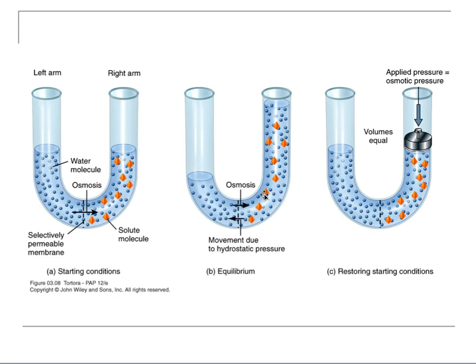So what we do, okay, is there's a certain amount of force that's required to maintain this equilibrium. So what we end up doing is we expend a lot of effort that we call osmotic pressure to push that volume back. This is actually how you maintain equal volumes inside of your cells.